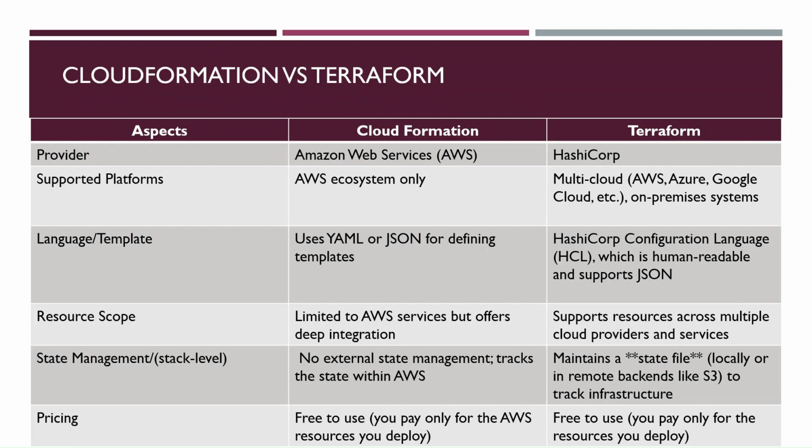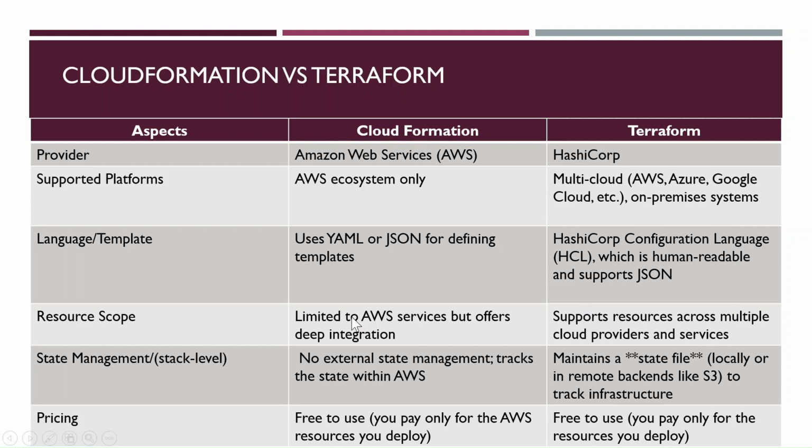CloudFormation uses YAML or JSON to define the templates, but Terraform uses the HashiCorp configuration language to write the templates, which is human readable, and it also supports the JSON format.